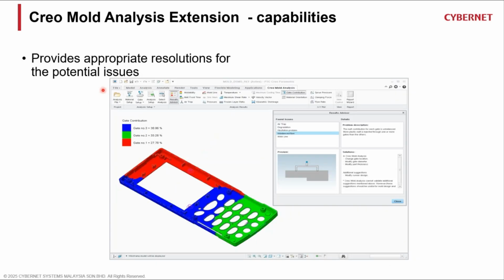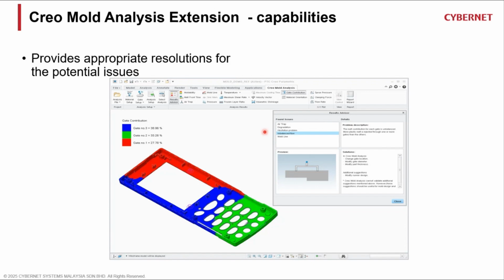There's also another capability to identify issues. These three different colors tell me that I'm putting in three different gate positions. This color tells me the percentage of injection into the mold, which should be equal, so equivalent to 33% each. We have a function called the result advisor.